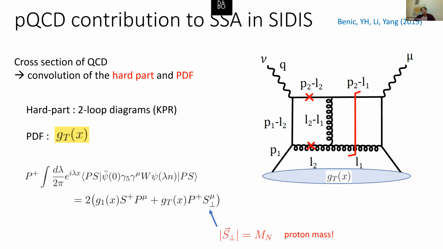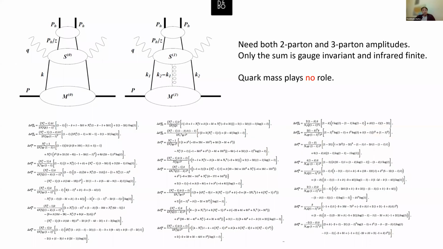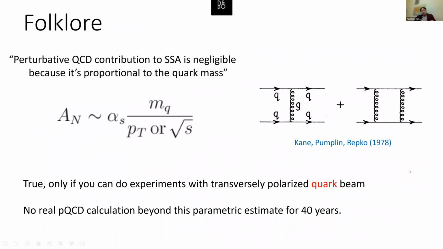It's always a convolution of hard part and the soft part. Mm-hmm. And the soft part in this case is GT, and GT comes with the proton mass. I see. And this was missing in this old calculation and this old argument.